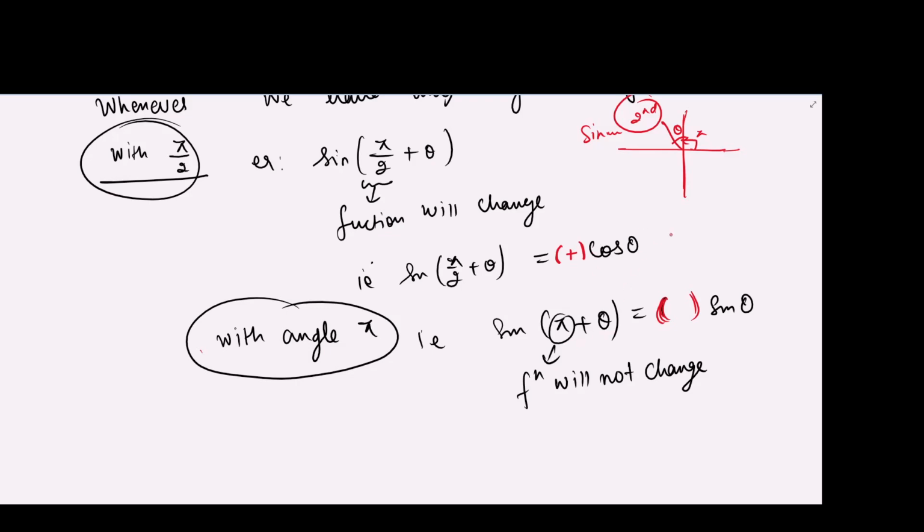Next we have sin(pi plus theta). We go 180 degrees counterclockwise, and then measure angle theta. So this is the third quadrant. In this quadrant sine is negative, so a negative sign will come. Likewise we can find the sign of the trigonometric function.